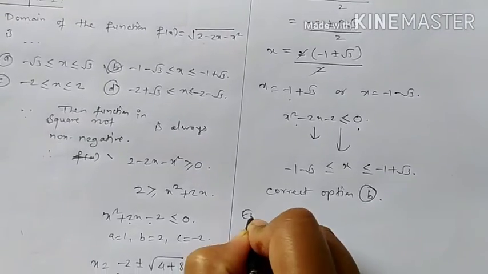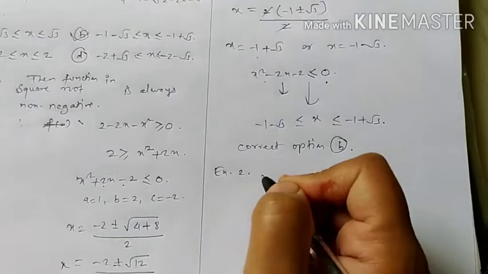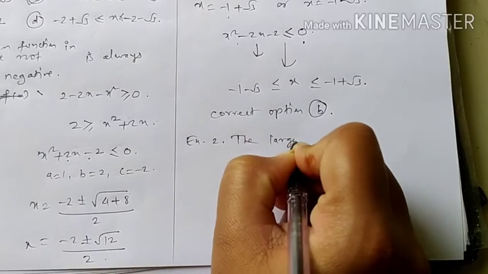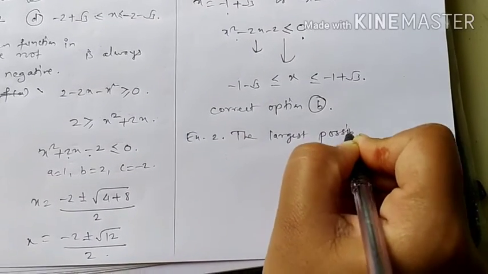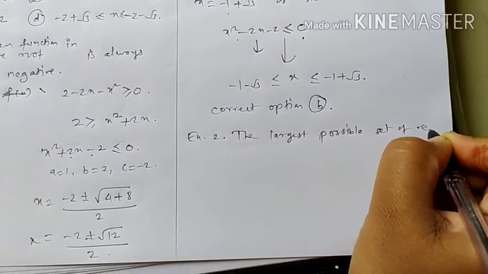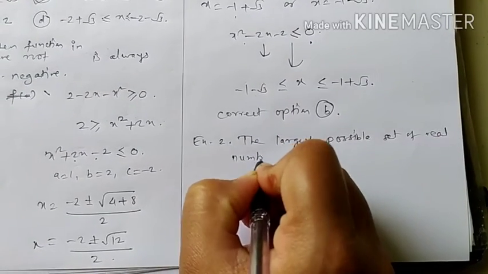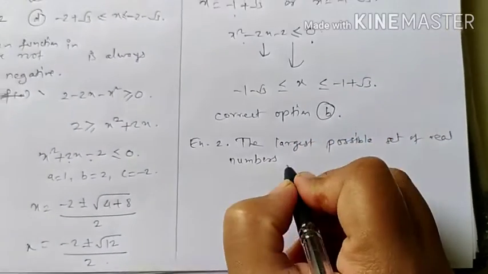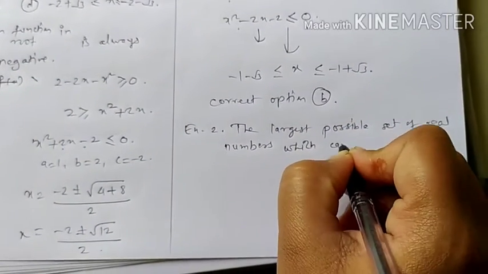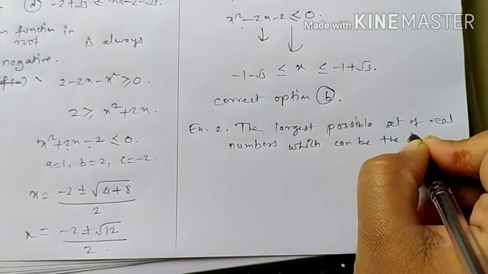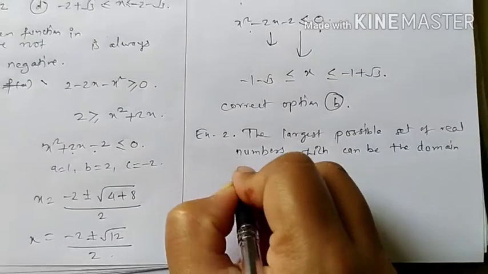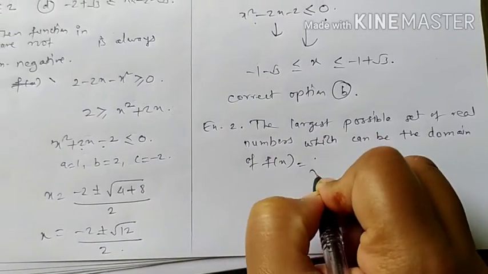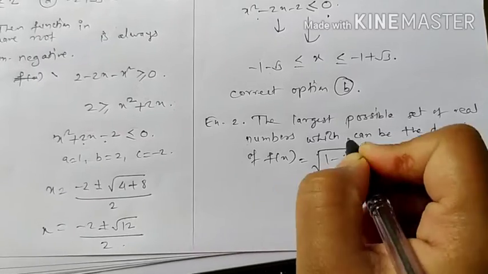Question number 2. That is the largest possible set of real numbers which can be the domain of f(x), that is f(x) equals square root of 1 minus 1 upon x.